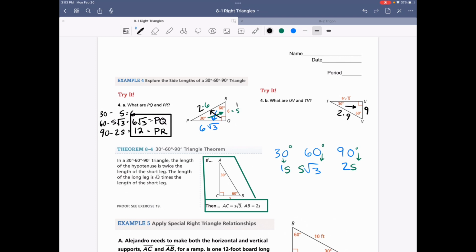And that's what the 90 is pointing to. All right, so what is UV? UV is equal to 9. And TV is equal to 18 because 2 times 9 is 18. And that is the 30, 60, 90s. And we'll do some practice with this today.